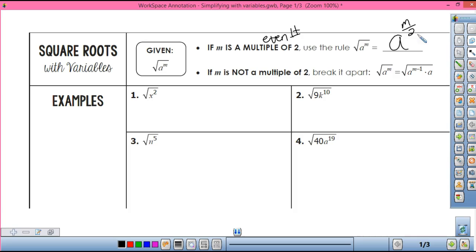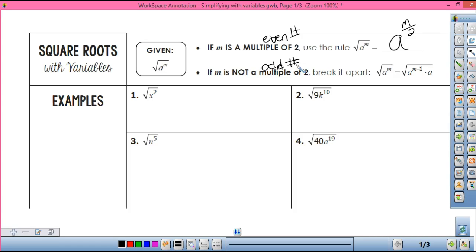If it's not a multiple of 2, if it's an odd number, that's when we have to break it apart into the closest even number and then just by itself.